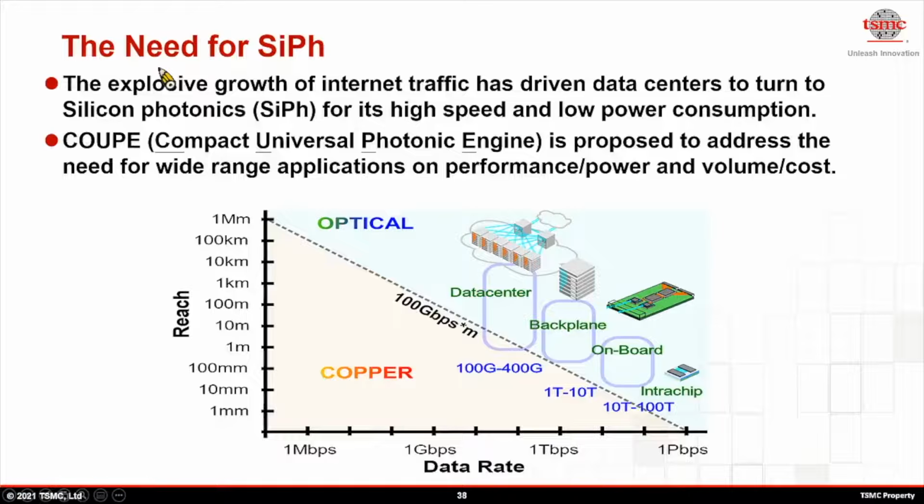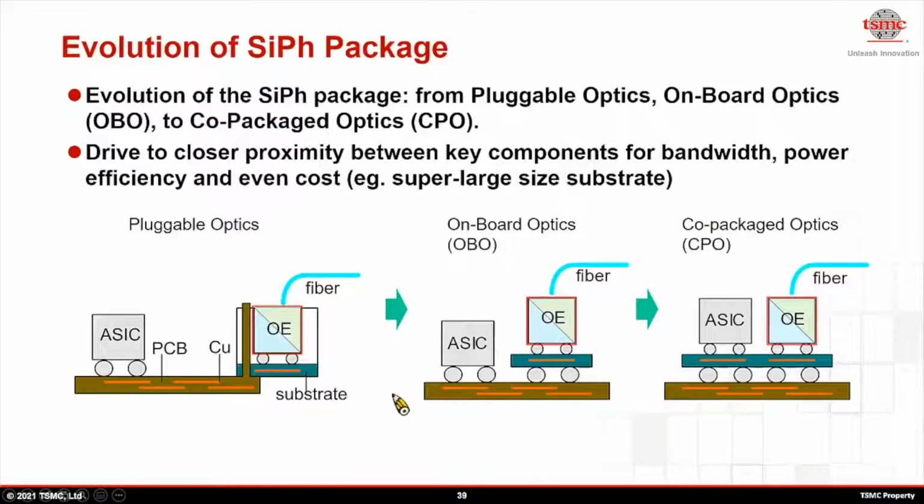We propose COUPE to address the need for a wide range of silicon photonics integration applications, to address performance, power, and volume cost challenges. This slide is a quick illustration of the evolution of silicon photonics package migration from pluggable to onboard optics to CPO, co-packaged optics.